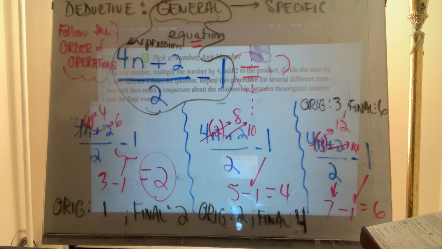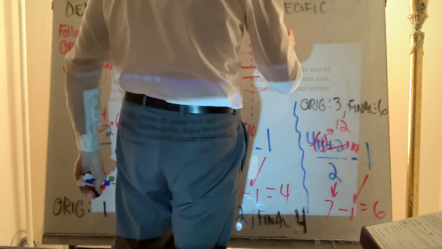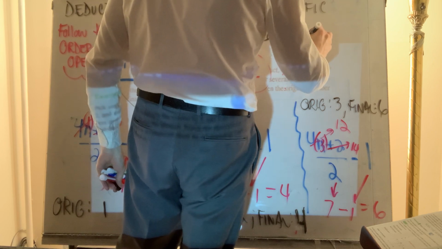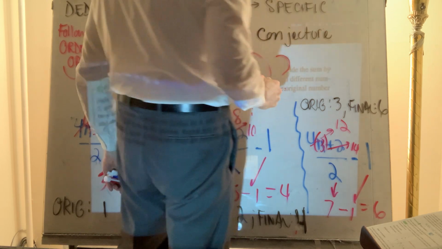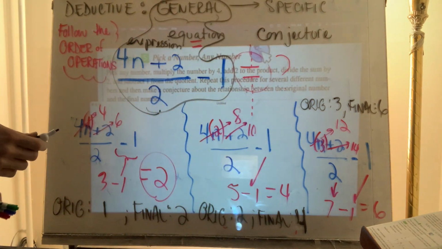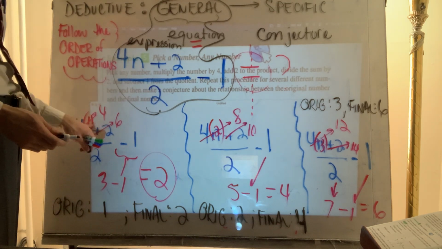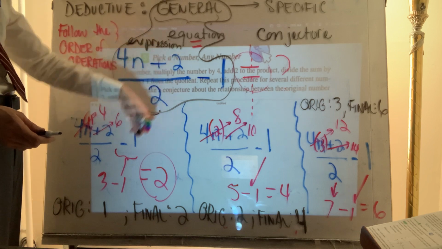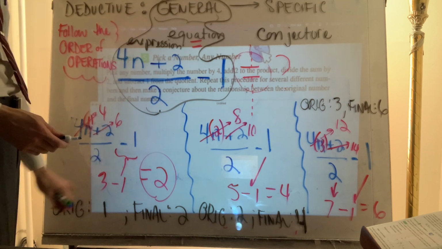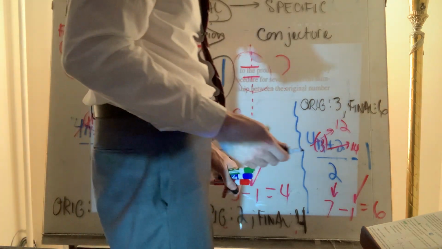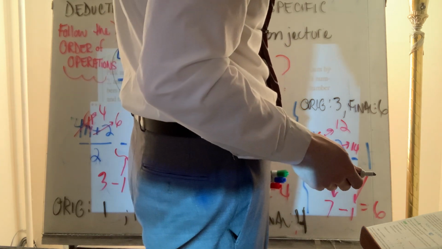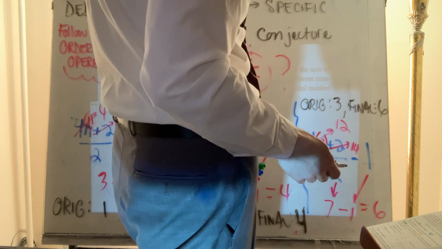Okay? The conjecture would be that you get double every time. Use a number, you get double as a result of this rule, so to speak, this multi-operational rule.